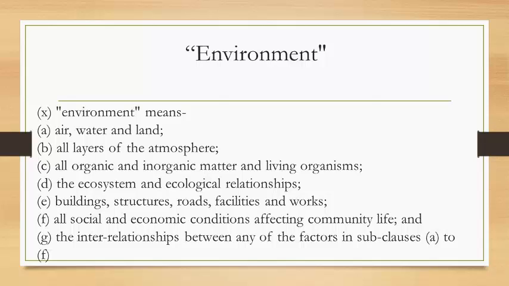The ecosystem and ecological relationships. e. Buildings, structures, roads, facilities, and works. f. All social and economic conditions affecting community life. And g. The interrelationships between any of the factors in sub-clauses a. to f.